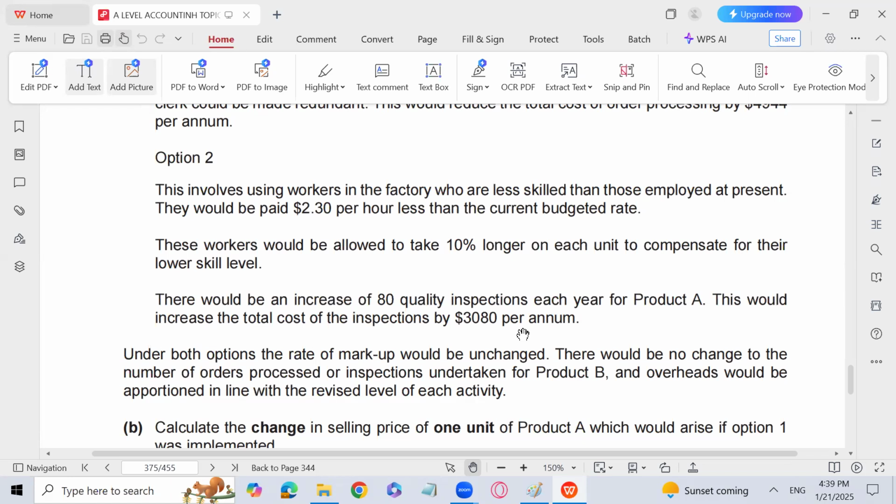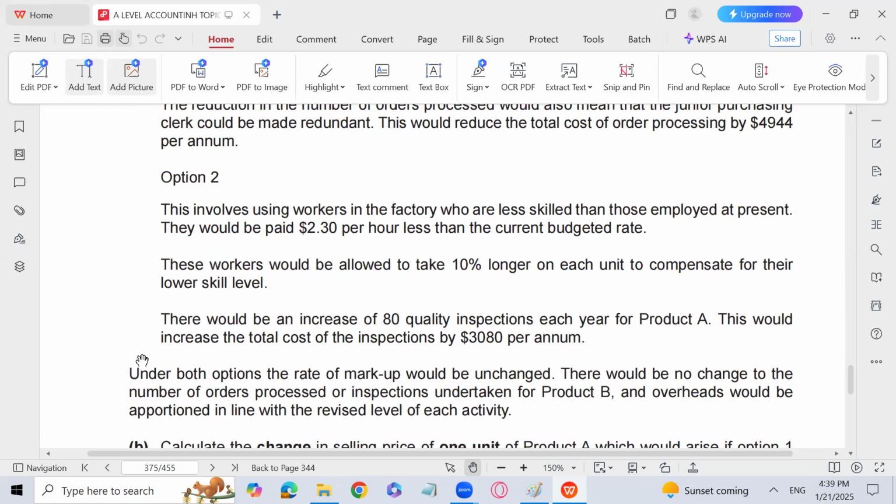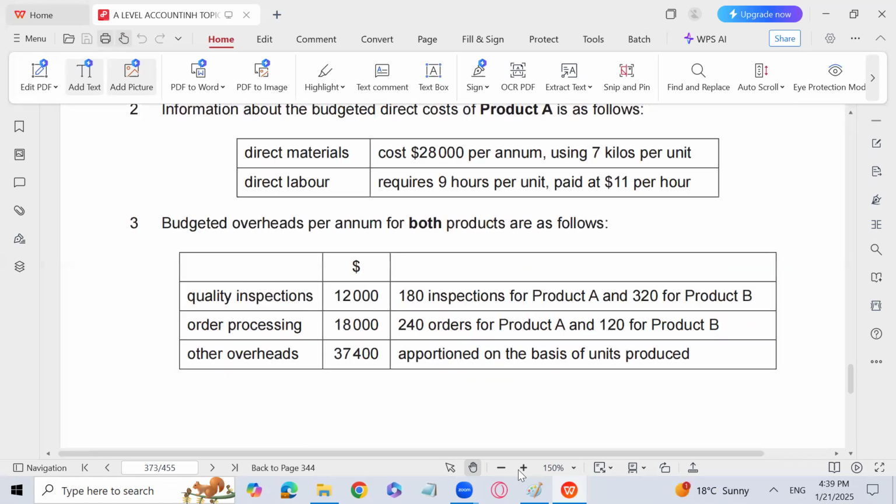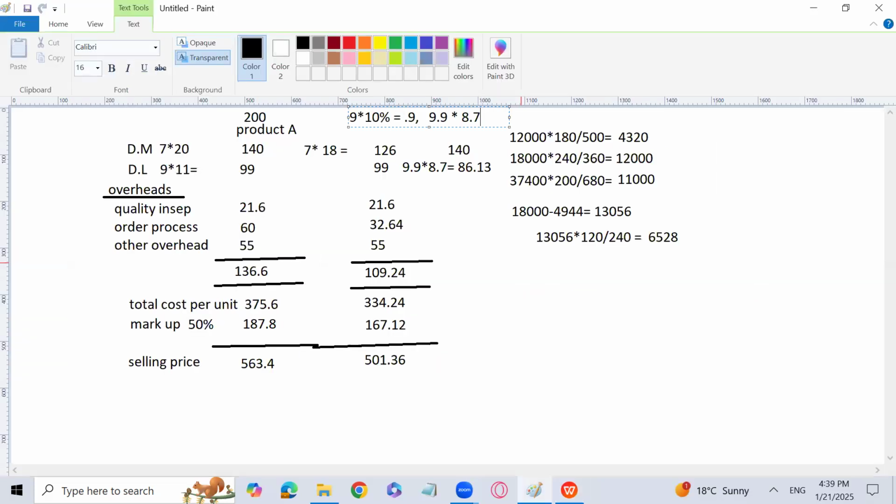Because of the 80 extra inspections of product A, the cost has gone up by 3,080. The inspection cost in the past was 12,000, so now it becomes 12,000 plus 3,080, which is 15,080.